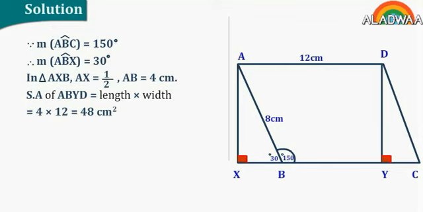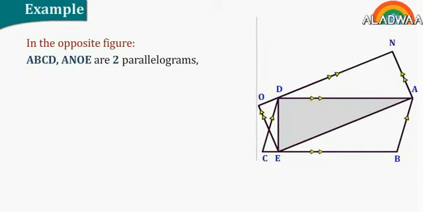In the opposite figure, ABCD and ANOE are two parallelograms. Prove that the surface area of ABCD equals the surface area of NAEO.